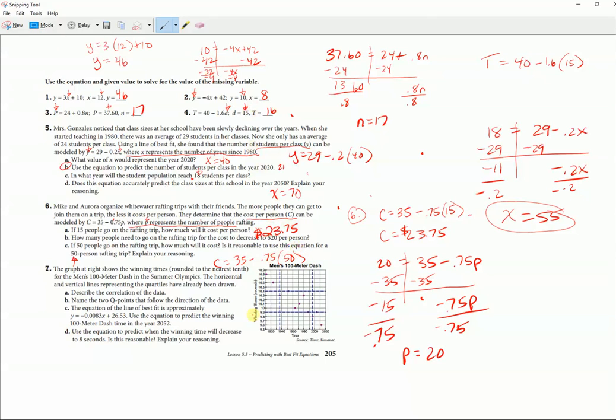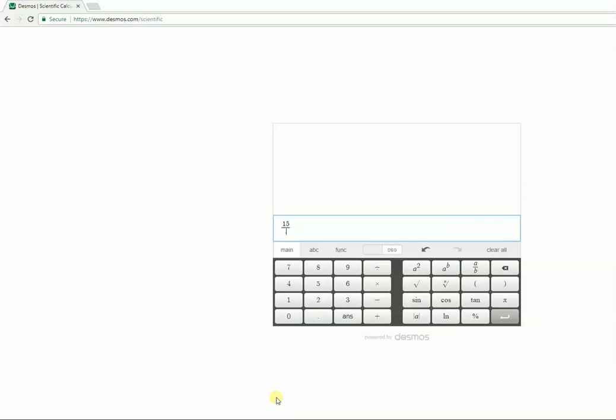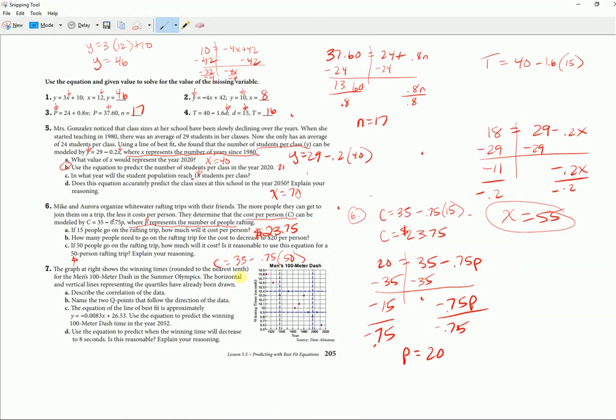Let's just plug it in. 35 minus 0.75 times the 50 people gives negative $2.50. No, you can't charge negative. What this is saying is that everyone will get paid $2.50 to go on the trip. No way, that's crazy.